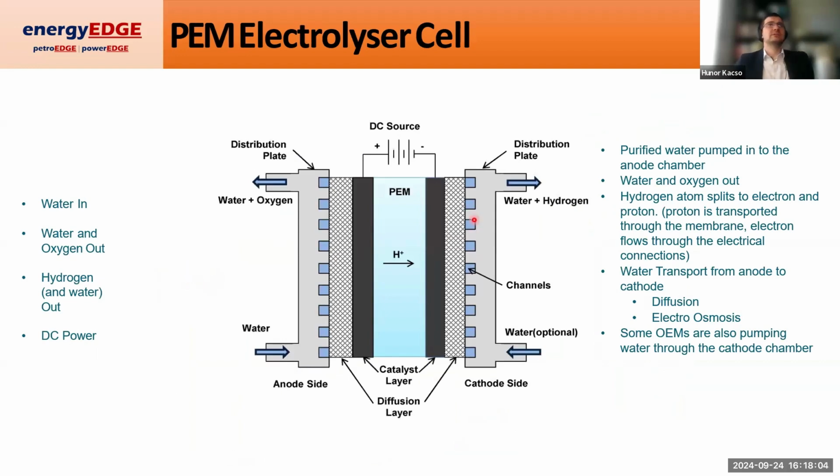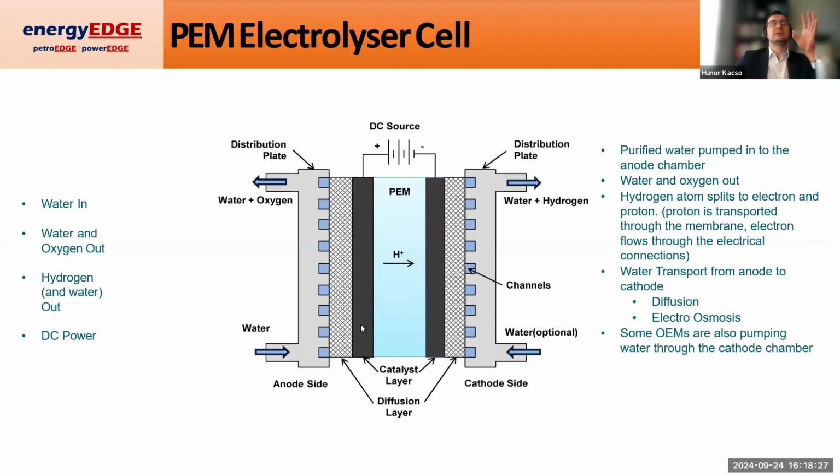So we'll look at the PEM electrolyzer cell. We've got the anode side on the left-hand side here, cathode side on the right-hand side. So we've got water going into the anode side and water and oxygen coming out on the outlet of the anode side. And what we have here is the hydrogen.